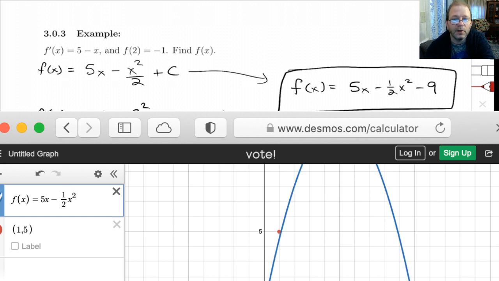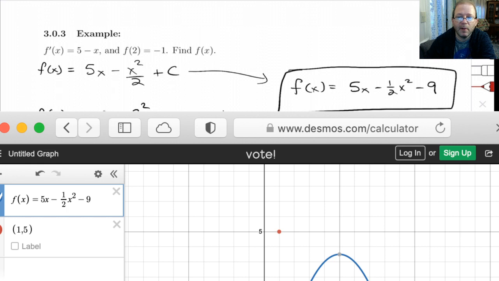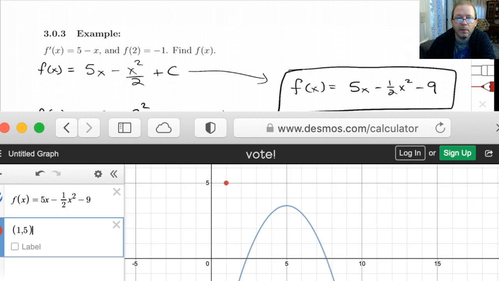Actually, checking it here, I don't know that this is really doing all that much, because it's given us this parabola. And what was the point? We're supposed to have 2, negative 1 on here. And sure enough, that shows up on there. That shows that we got the right initial, it shows that we got the right constant, but it doesn't really tell us that we got the right answer. We just know that we got the right answer because we did it correctly.